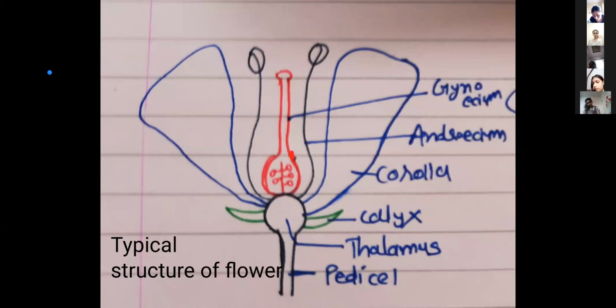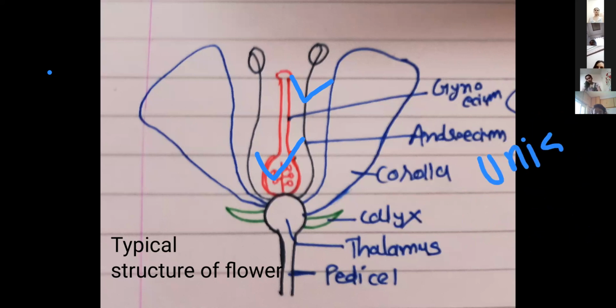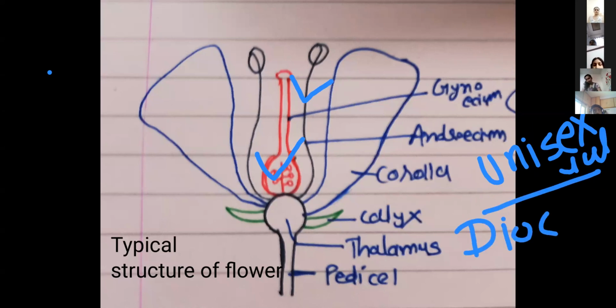And those flowers that have either the female reproductive part or the male reproductive part, female flowers and male flowers different, that type of flower we call unisexual, or we call dioecious flower.